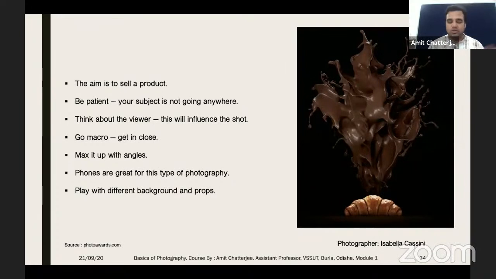But phones are always with you. It's very convenient to take photographs anytime, anywhere you want, and you can go really close with it. So you can do a lot of angle experiments to find out which angle is actually giving the product the attention that it requires. So that's the kind of photography.